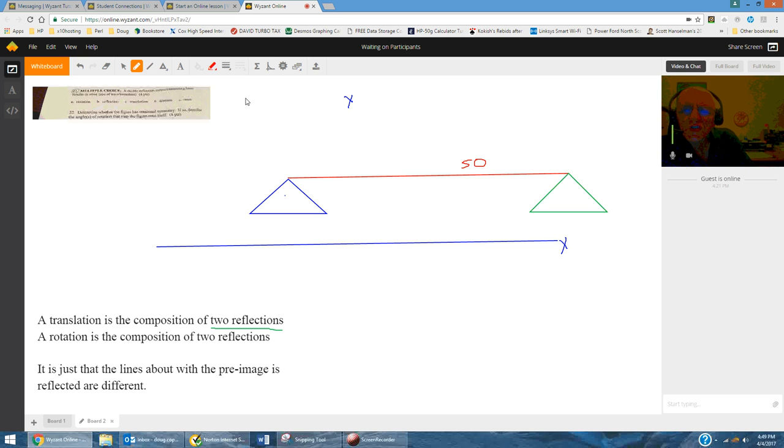Well, if I can get two lines that are perpendicular to this translation line, so these are right angles, and that are half this distance apart, like this, then this distance is 25.